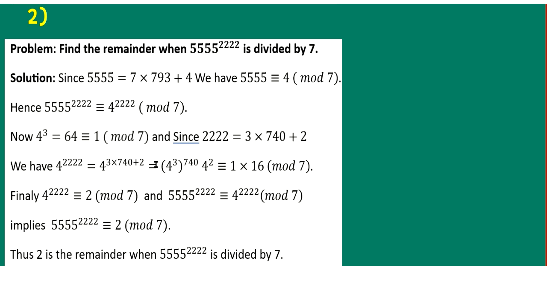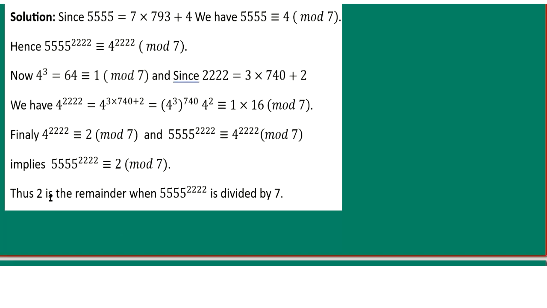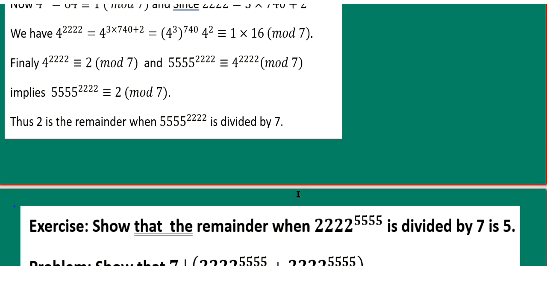So I can easily substitute 1 for 4 raised to 3, and 4 square is 16, and further this 16 modulo 7, that is 7 into 2 is 14, so it will reduce to 2. Thus 2 is the remainder when 5555 raised to 2222 is divided by 7.